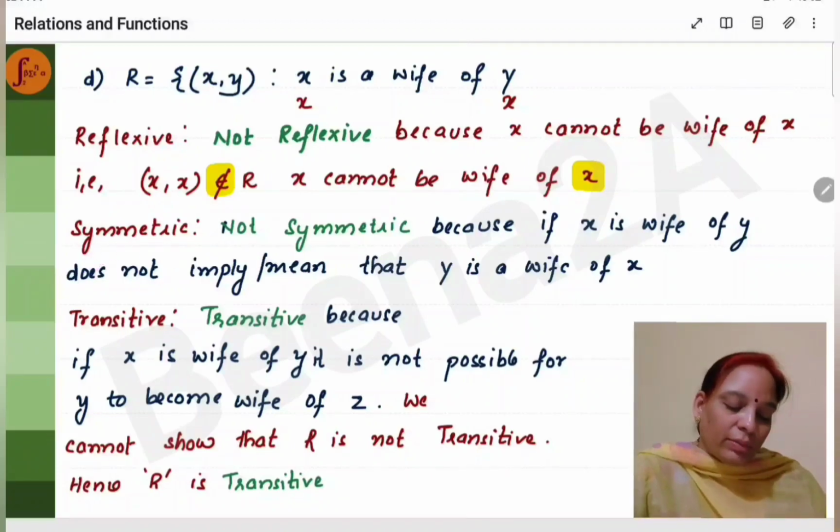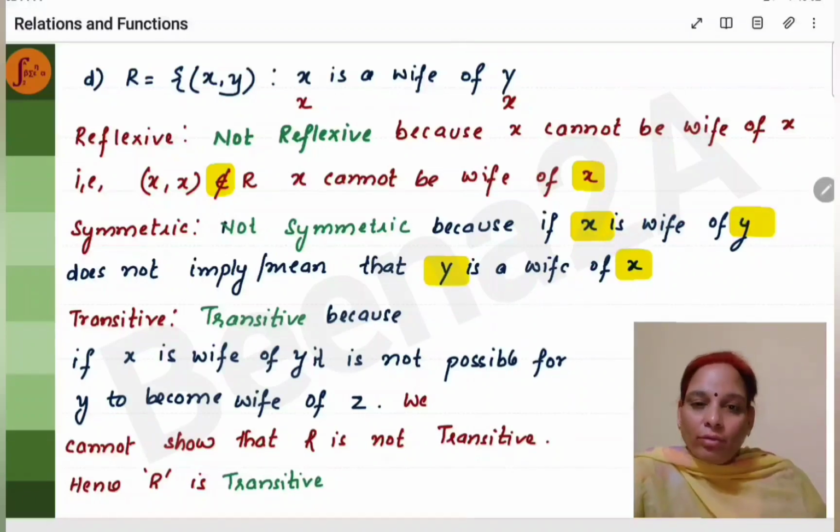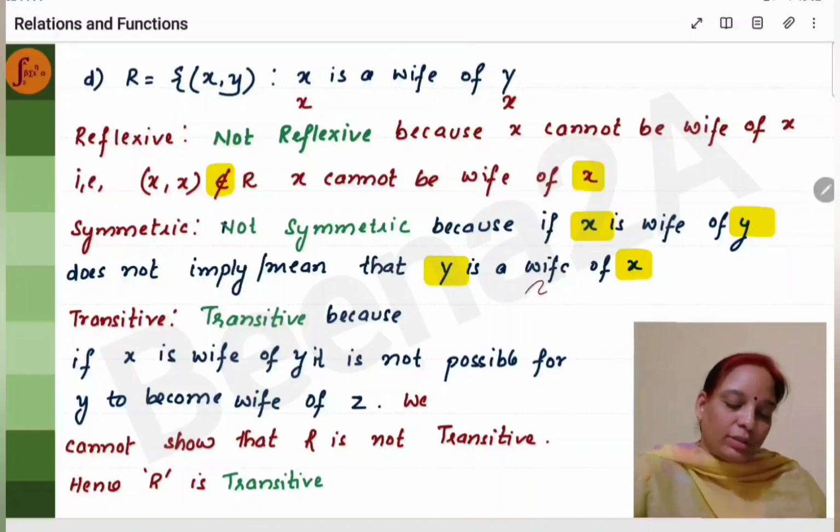Now, symmetric. In symmetric, what should happen? X and Y, if X is a wife of Y, then is Y the wife of X? You have to reverse it, right? If X is the wife of Y, is Y the wife of X? No, that's not true. If X is wife of Y, then Y is husband of X. So this is not true.